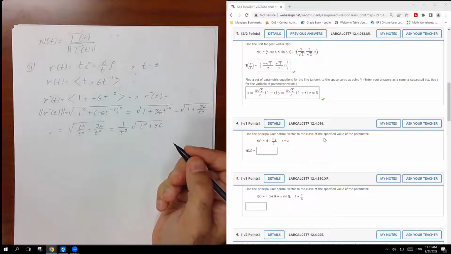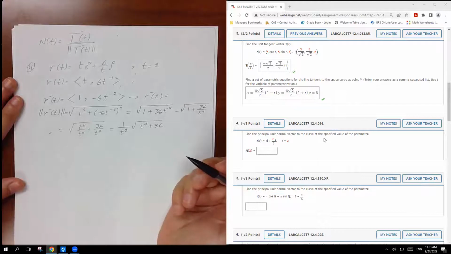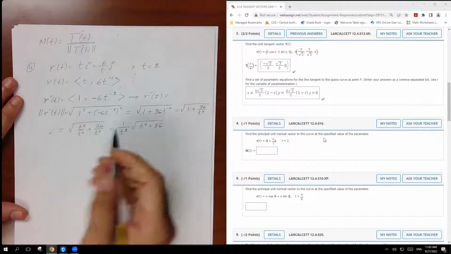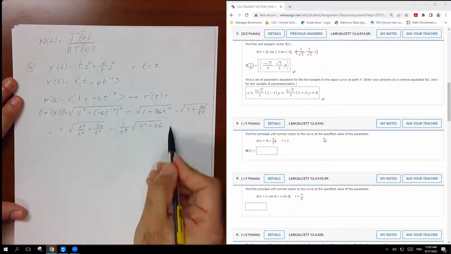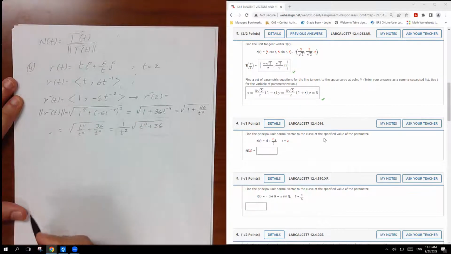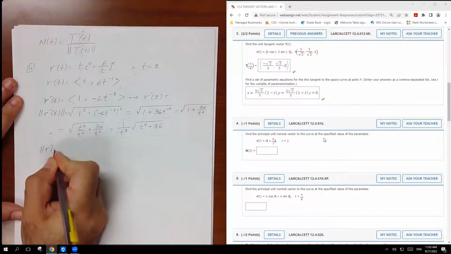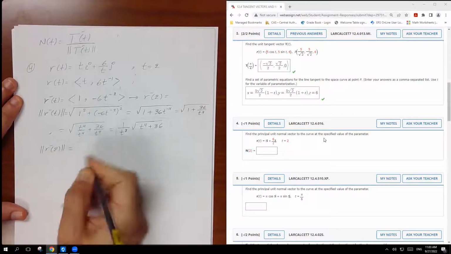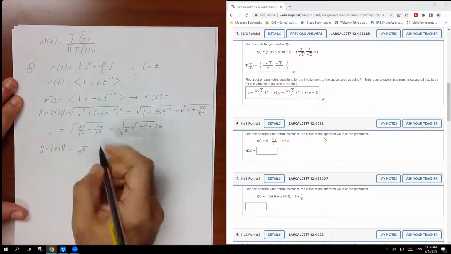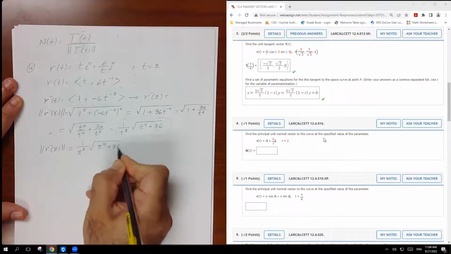This is in general. If you want to find it with respect to 2, you just plug in 2 here, the same thing here. If I need to find the length at 2, it is 1 over 2 squared times the square root of 2 to the power 4 plus 36.